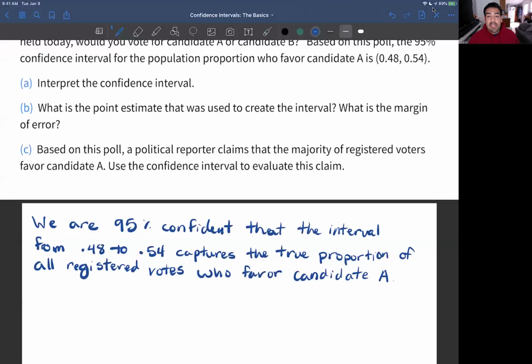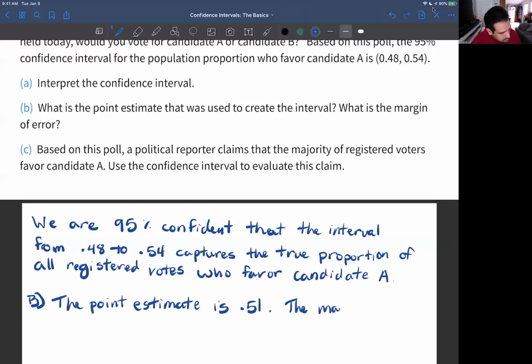Well, remember, the point estimate is dead in the center, so we can say the point estimate is 51%. The margin of error is 3%.